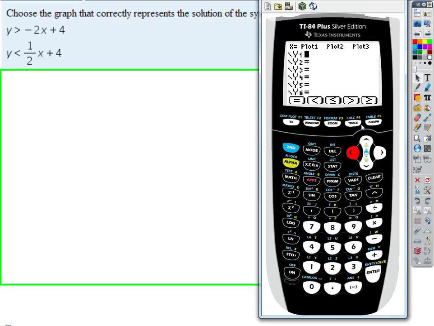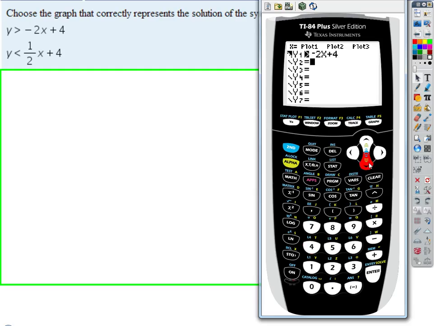Well, how did you get those on this one? You just put the cursor on top of the equal sign. Okay? And then if I hit alpha, it blinks an A, and that's going to allow me to push those F1 through F5 to choose those buttons. So it looks like I want F4 for this one, right? So there's my greater than. And then I just finish, right? Negative 2x plus 4.